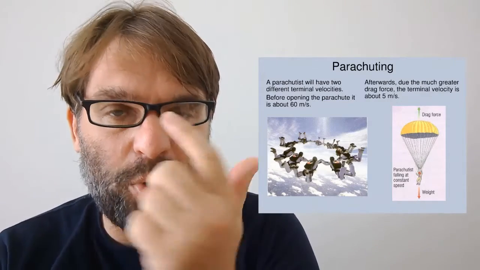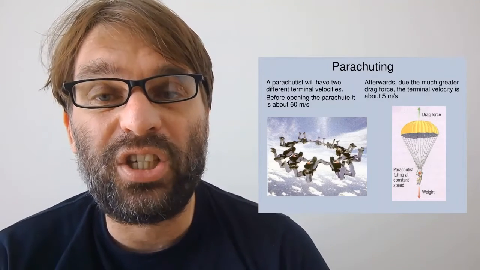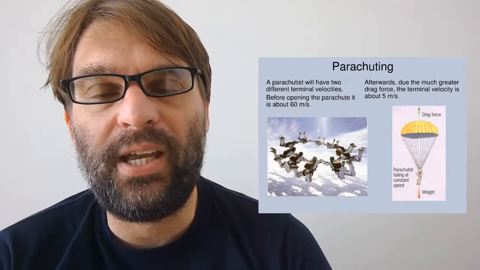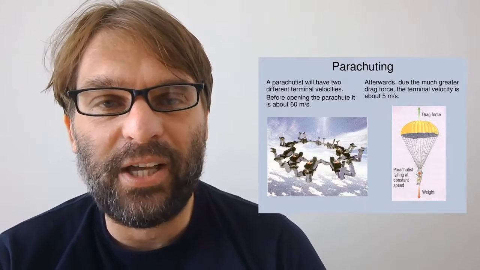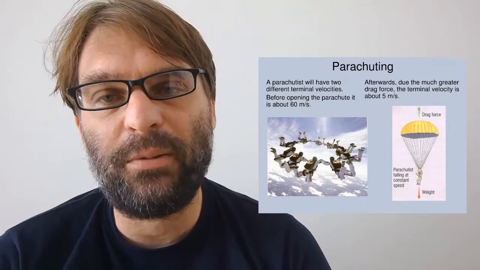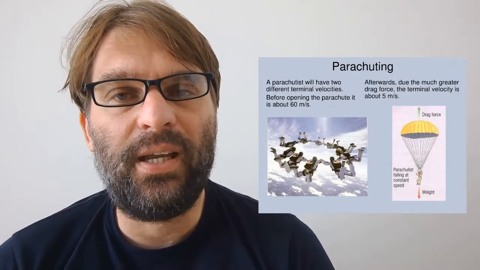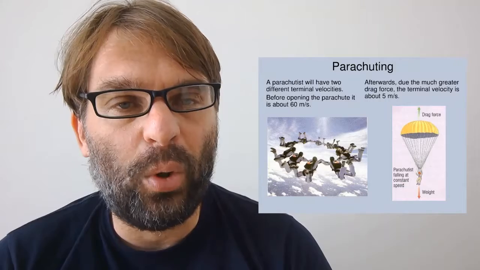Whereas if you open up your parachute, then it's going to slow right down and have a terminal velocity of 5 meters per second, which you can survive. Okay, so if you fall to the ground at 60 meters per second, splat. And if you fall at 5 meters per second, you're going to survive that fall.